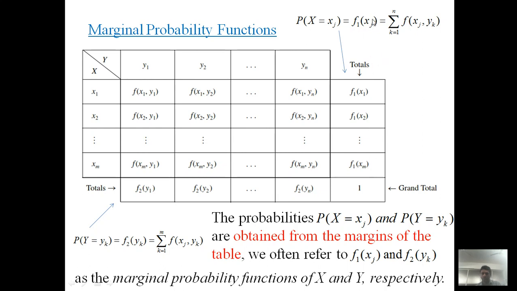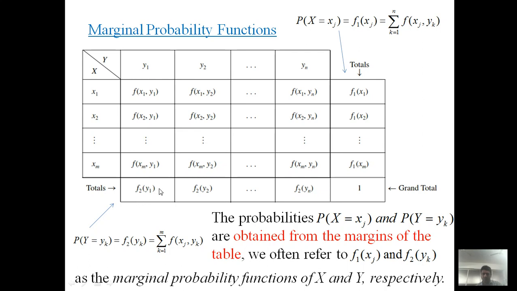So in general, we write the probability of capital X equal to small xa as the summation over k from 1 to n of f of xa and yk. These correspond to a particular row. So P of X equal to xa, and similarly P of Y equal to yk, correspond to f1 of xa and f2 of yk.